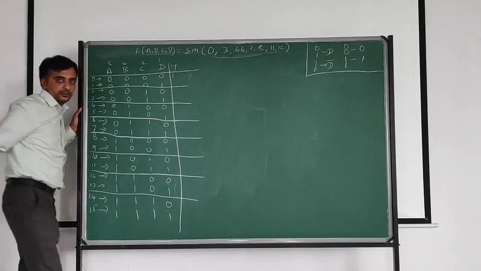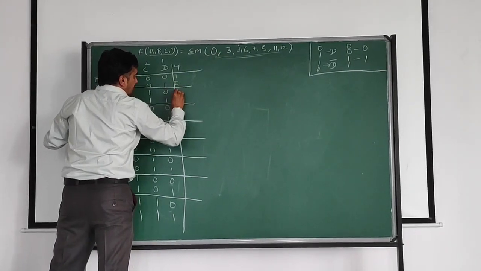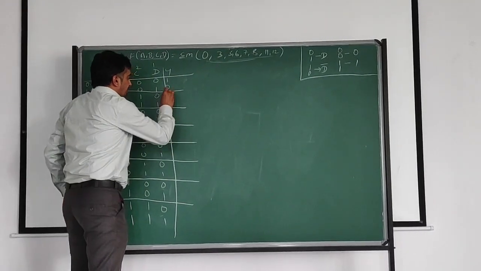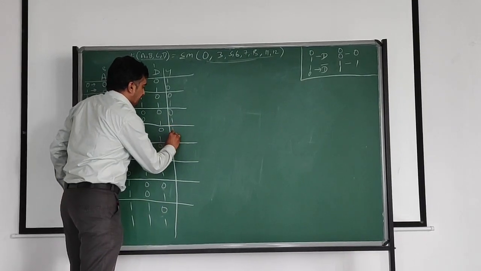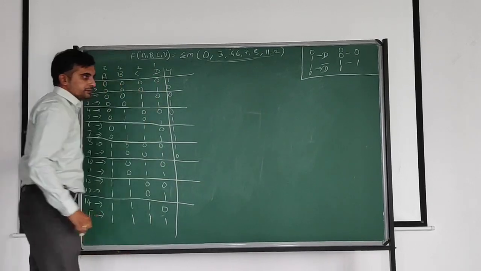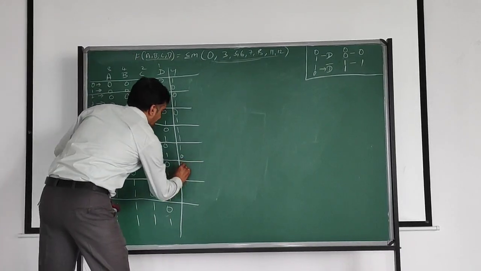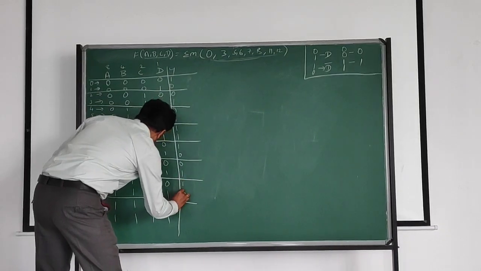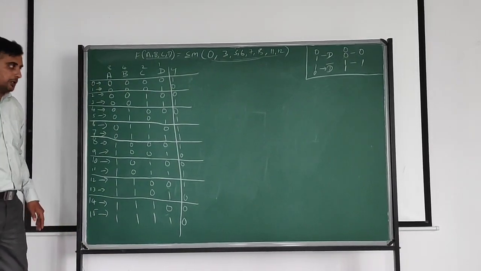This is the output Y. 0 is there, so it indicates 1. 1 is not there, 2 is not there, so we indicate 0. 3 is there, so 1. 4 is not there. 5 is there, indicated as 1. 6 is there. 7 is there. 8 is there. 9 is not there, indicated as 0. 10 is not there, 0. 11 is there, indicated as 1. 12 is there. 13 is not there, indicated as 0. 14 is not there. 15 is not there. So this is the output.